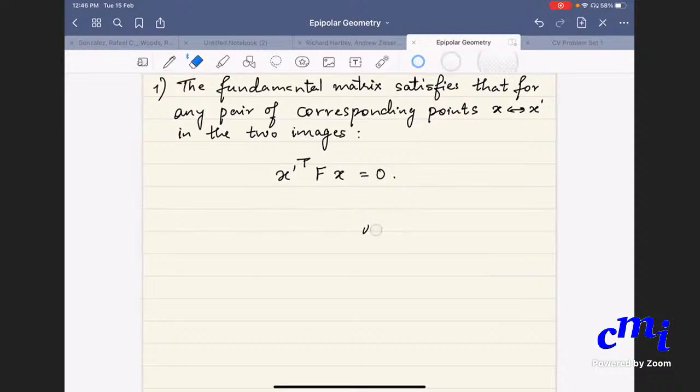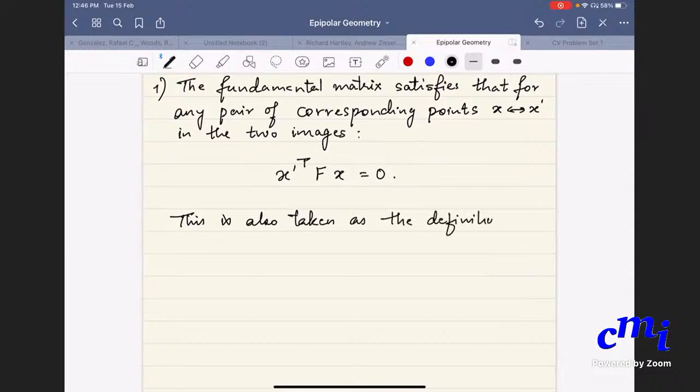So this is also taken as the definition of the fundamental matrix.